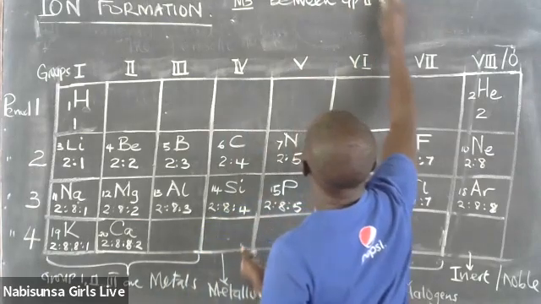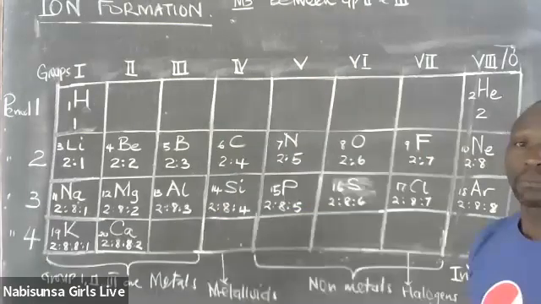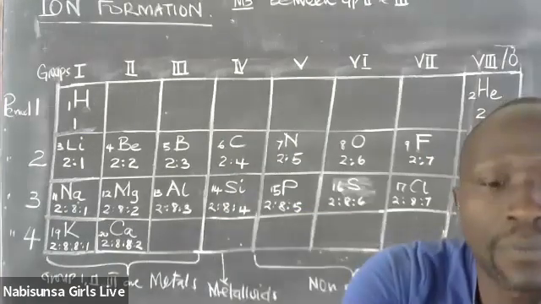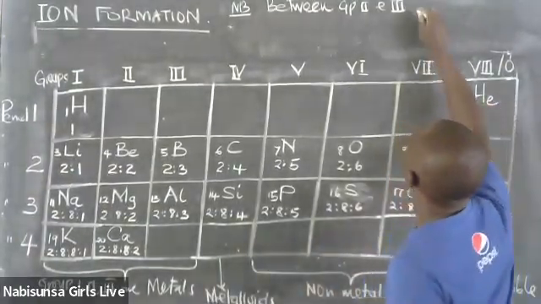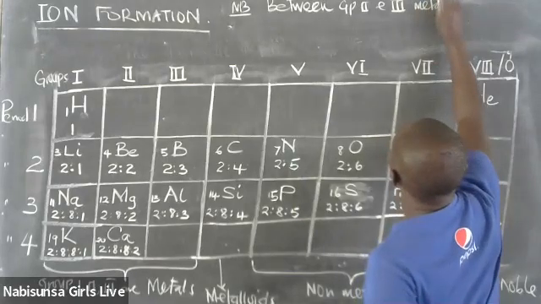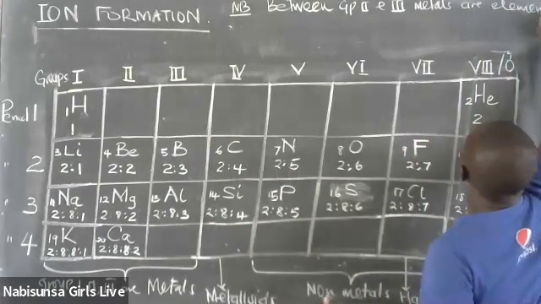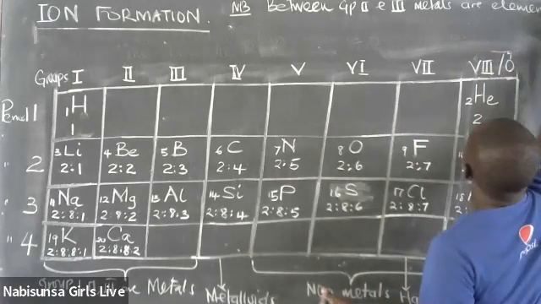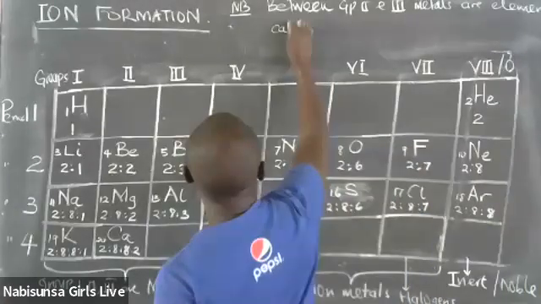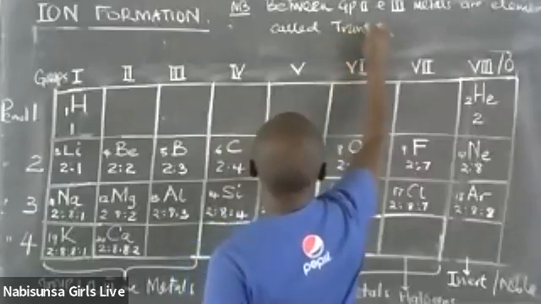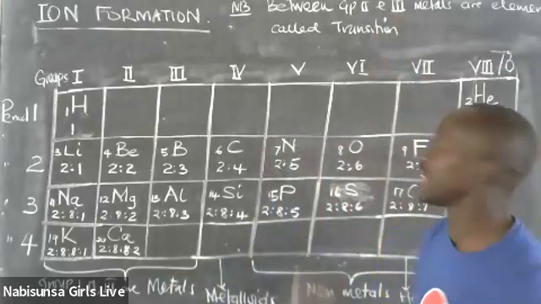On some periodic tables, you'll see this. Between group 2 and group 3, there are metals called transition elements.